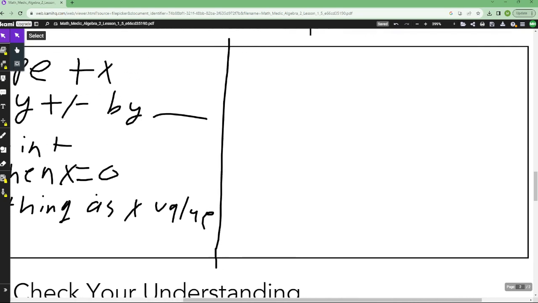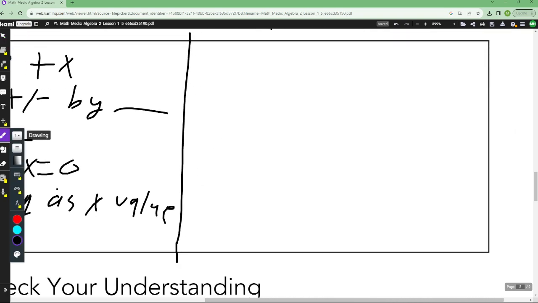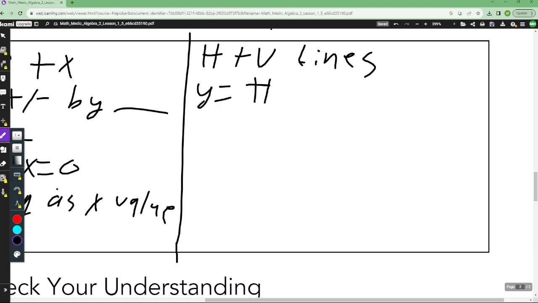Okay, we'll go over to our last section over here, horizontal and vertical lines. We'll delve more into this in another lesson. So I'll just do h plus v lines. These are notes, not a detailed explanation. Horizontal lines are y equals whatever number, and slope is 0.